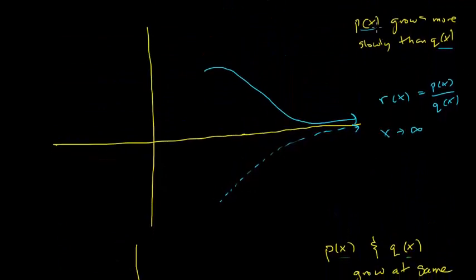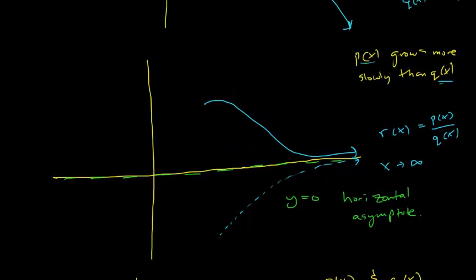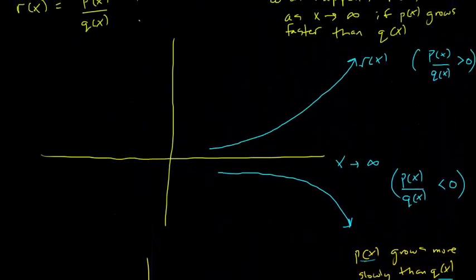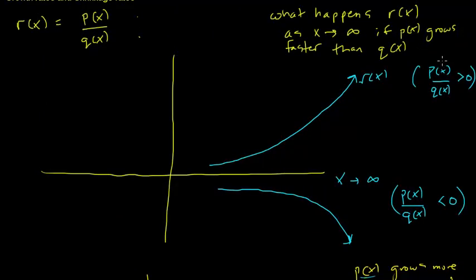And in fact, let's just look back real quick. In this second situation, where p of x grows more slowly than q of x, you also have a horizontal asymptote, which occurs right at y equals 0, and that's another horizontal asymptote. And just to be really thorough, if we go back to our very first case, where the numerator grows more quickly than the denominator, notice there is no single dashed line that my function approaches.